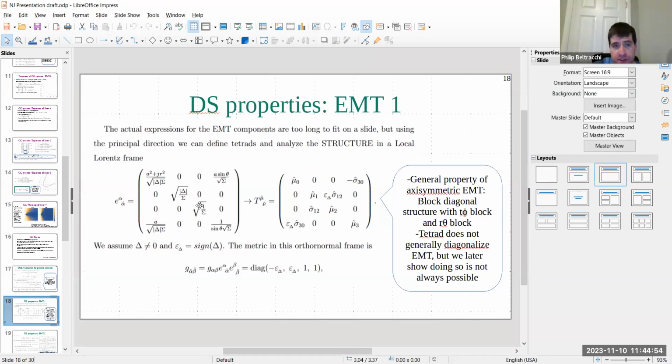So using this tetrad, we see that our energy momentum tensor in this particular local Lorentz frame has a block diagonal structure again. This time, the r theta block is not in general diagonal. There can be an off diagonal term in the r theta block.